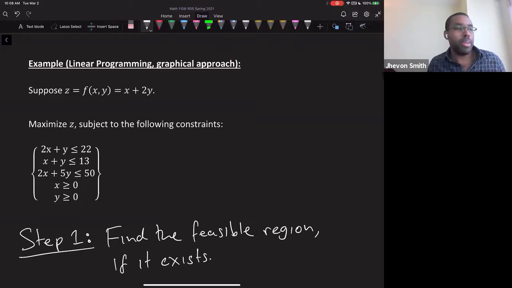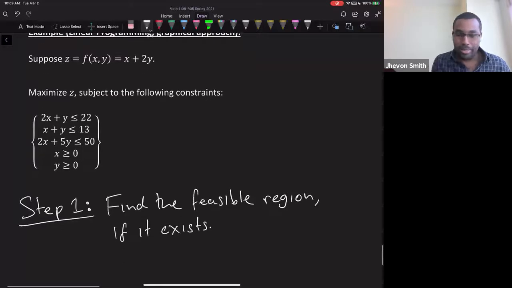Someone can come and say, I want to make the most amount of profits, but here's what I'm dealing with, and I want to make this much profit. And they can say, it's impossible. There's no feasible region. It's not feasible to do that. Sometimes there is no feasible region. Like the problem you want to solve isn't solvable. You have to do something else.